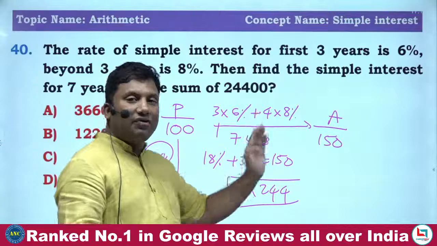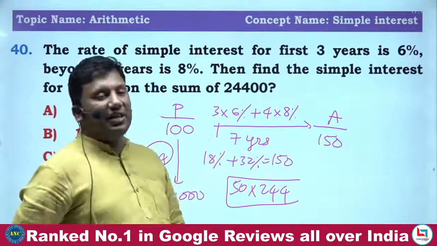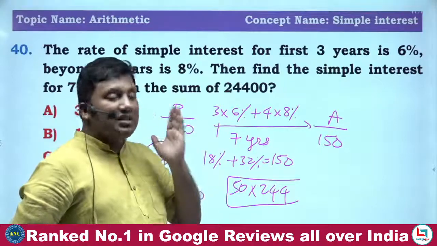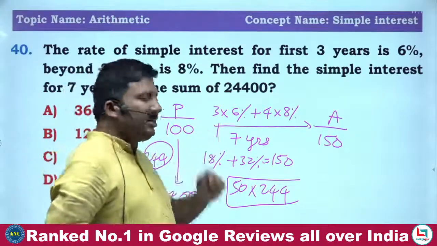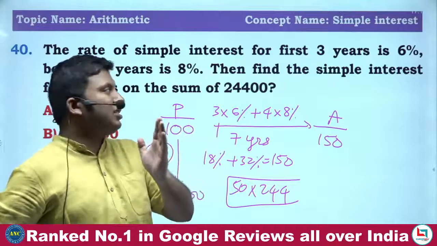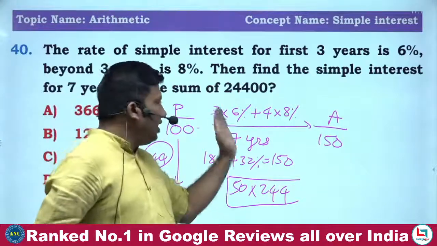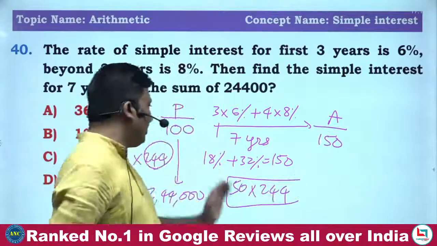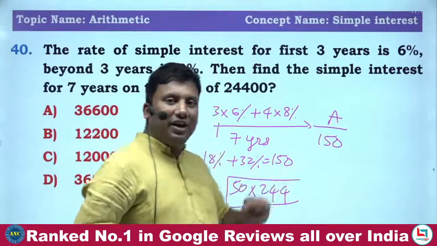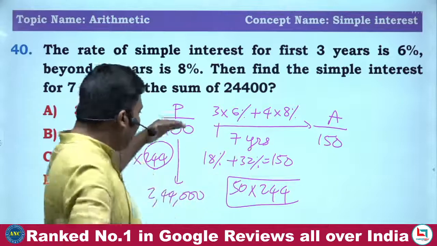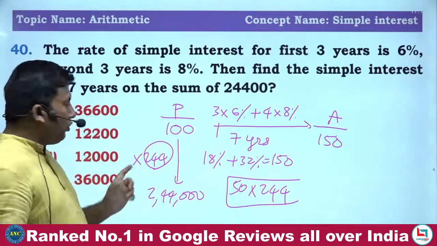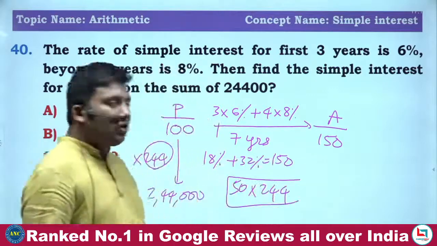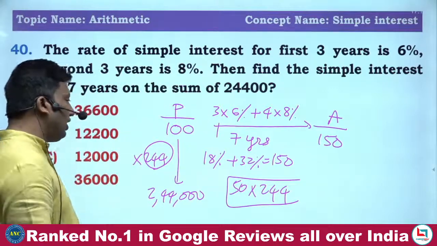Why did that extra 50 come? For the first 3 years it is 6, after 3 years every year it is 8. First, second, third year 6 each, 18. Fourth, fifth, sixth, seventh year it is 8. 18 plus 32, it is 150. Interest is 50. 100 is becoming 2,44,000. Multiplication factor is 244. Here also it is 50 into 244.